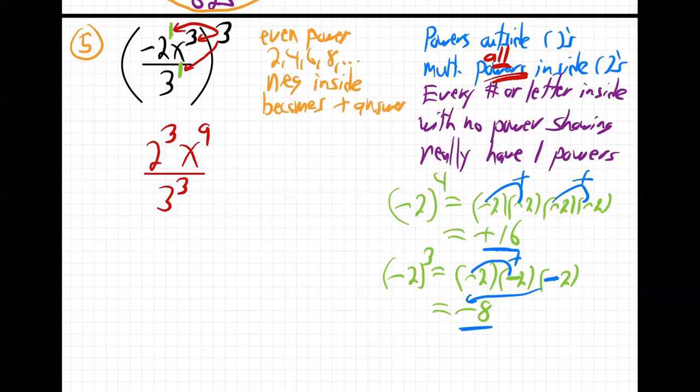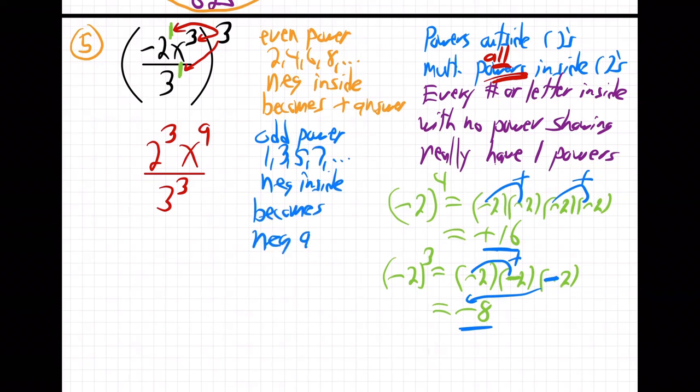But if you have an odd power, like 1, 3, 5, 7, etc., then the negative inside becomes a negative answer because there's an odd amount of them. What do we have here? We have 3 minus signs, so it's going to end up negative, isn't it? 3 minus signs ends up a negative answer.